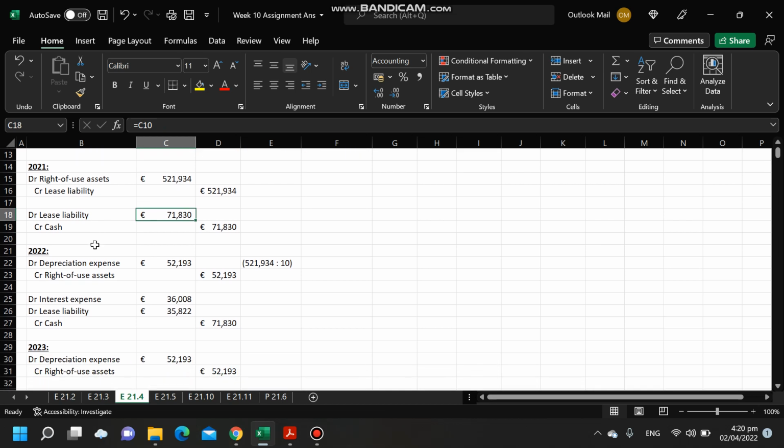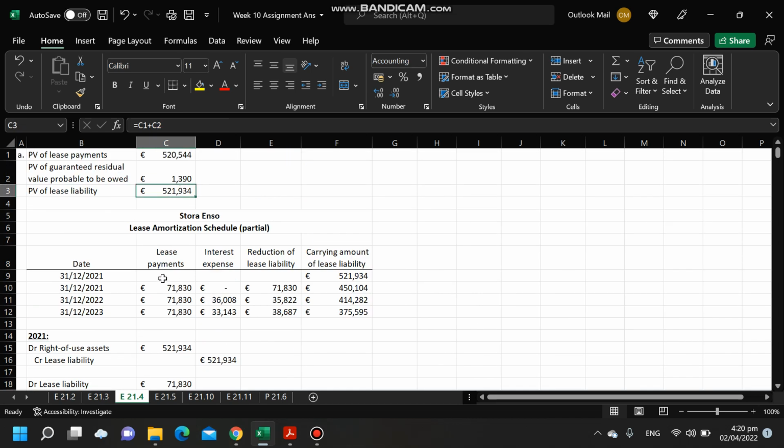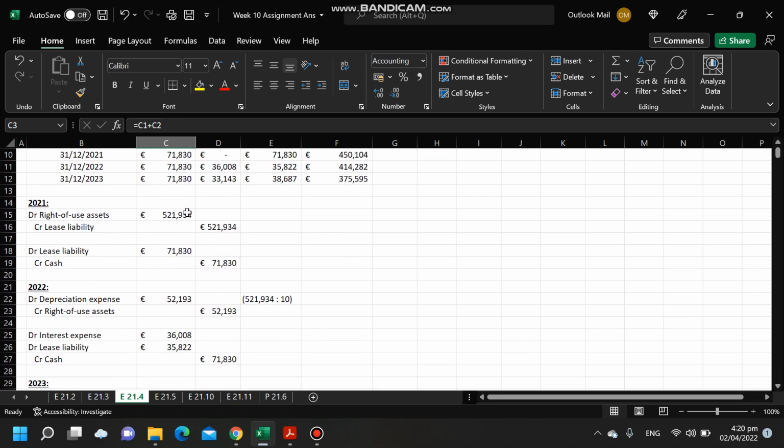In 2022, we need to record first of all the depreciation of the lease asset. Very simple, only take the right of use asset amount divided by 10. So for 1 year the depreciation is 52,193. The journal entry is debit depreciation expense, credit right of use asset.